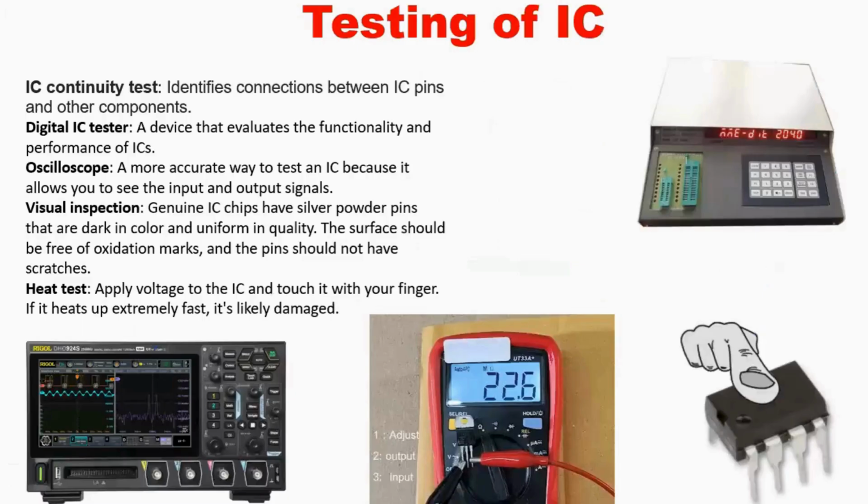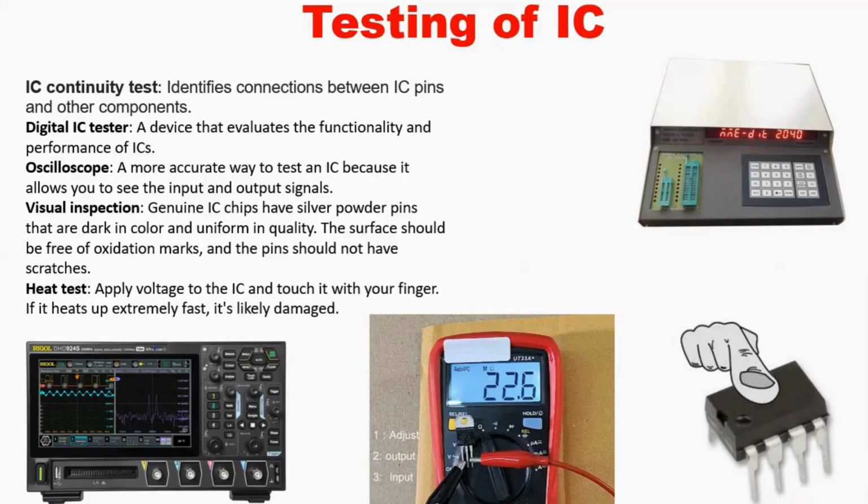Finally, how to test the IC? Please remember, like other components of active and passive groups, we have tested mainly on a multimeter, analog or digital multimeter. But here in ICs, you cannot check with the help of the multimeter, except 3-leaded, that is the regulator IC.